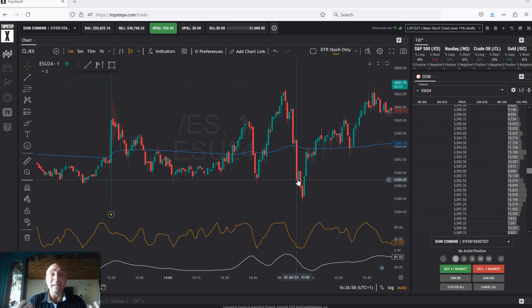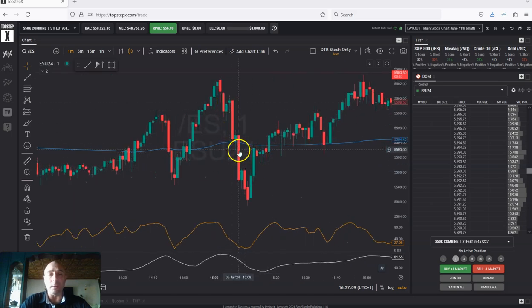So let's dive into how you actually trade it. We understand what the thing is, but how do we trade it? Well, when we see this setup, the drop base drop, let's grab our rectangle, and I want to box off this candle, the green candle, the basing candle, from high to low.